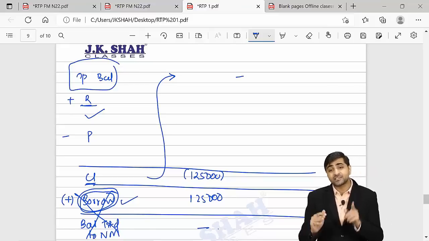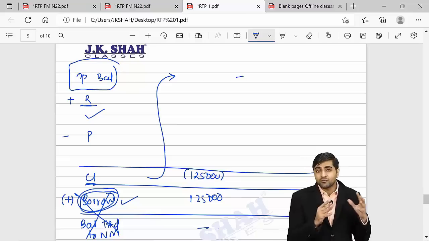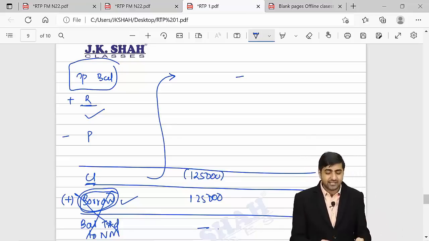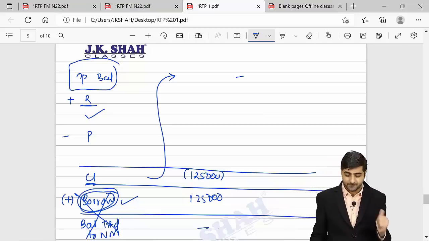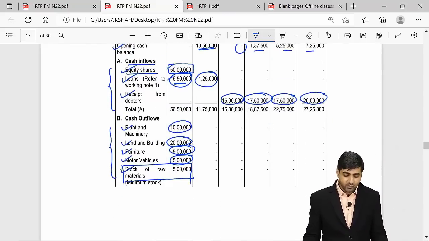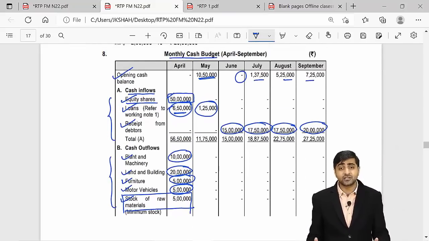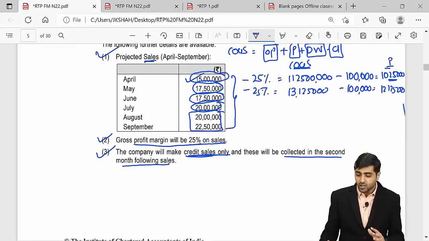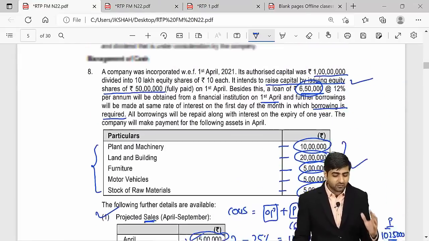That will help you to save your very important precious time in your examination. You can directly take borrowings here and do it accordingly, okay. So with this, my dear students, your cash budget question gets revised. I hope you have understood this, but just practice it one more time so that you'll come to know how to prepare your P&L account, balance sheet, etc.